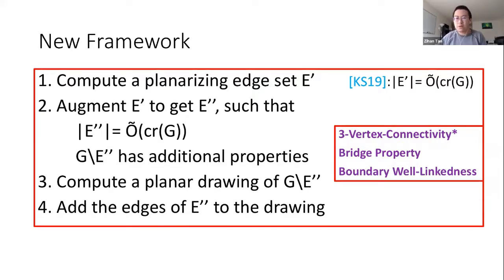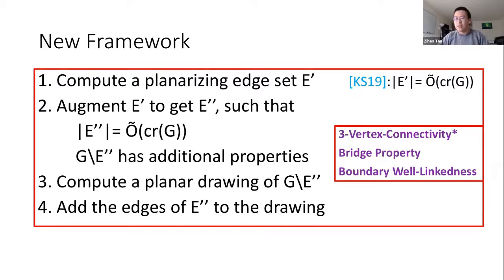But then we allow ourselves to augment this set a little bit by adding additional edges to it, such that we get a set E double prime whose size is still approximately CRG. Also, G minus E double prime has some additional properties, which are a combination of weakened 3-vertex connectivity, the bridge property, and bounded well-linkedness. I'm not going into the details of these properties.